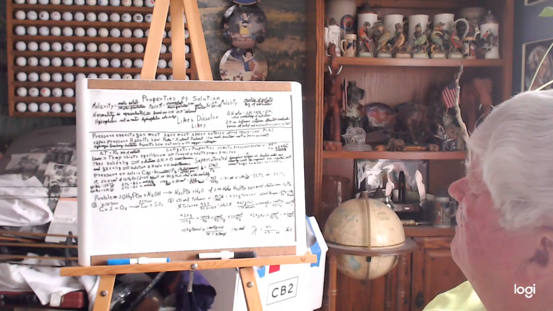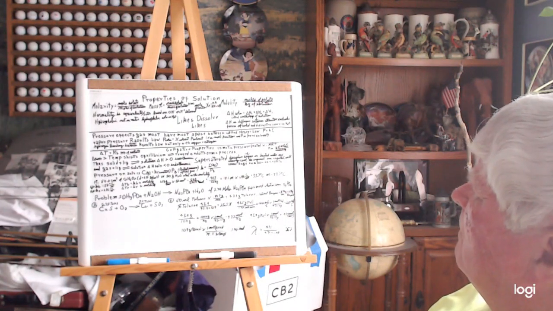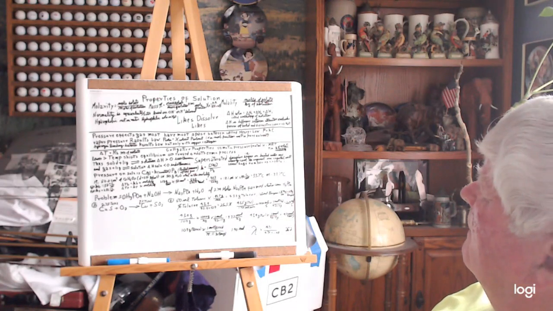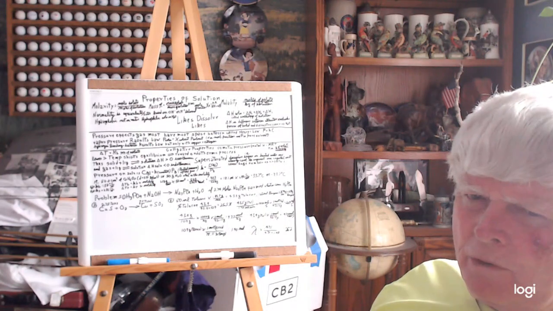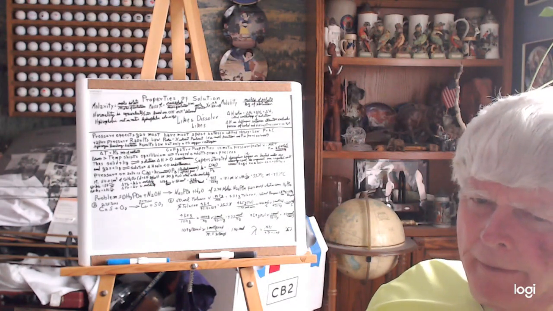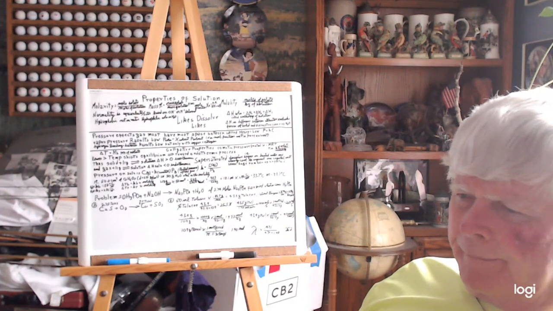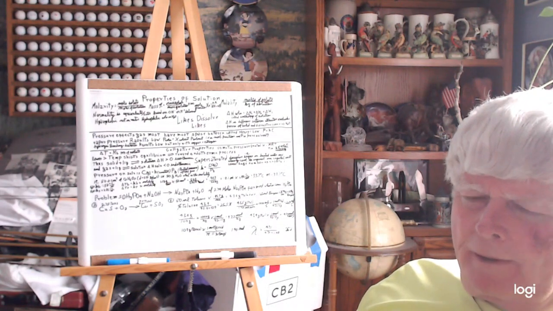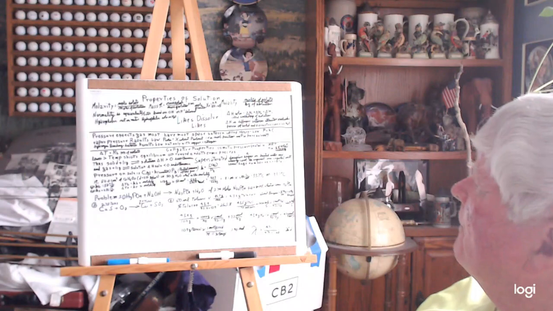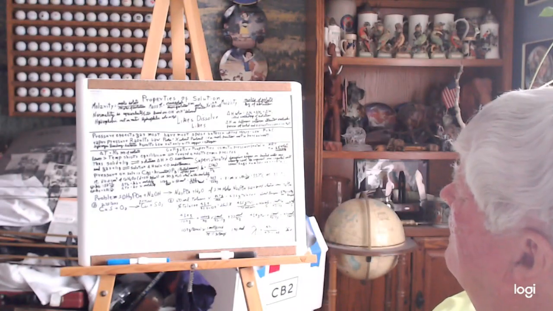Osmotic pressure, which I kind of talked about fleetingly earlier, is symbolized by the pi, which you learned in geometry or trigonometry or algebra, depending on what course you took. The symbol pi is equal to MRT.